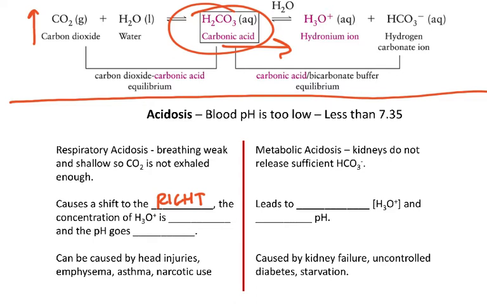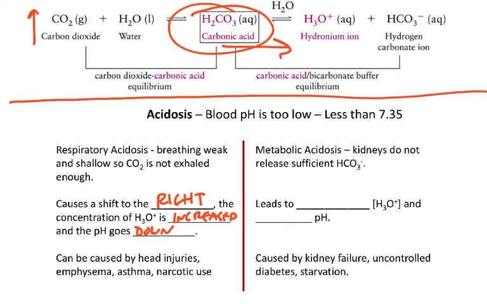So the concentration of H3O plus is increased, and the pH goes down, right? So now we just explained the mechanism behind respiratory acidosis, which can be caused by head injuries, emphysema, asthma, drug use, something that might lead to weak, shallow breathing.